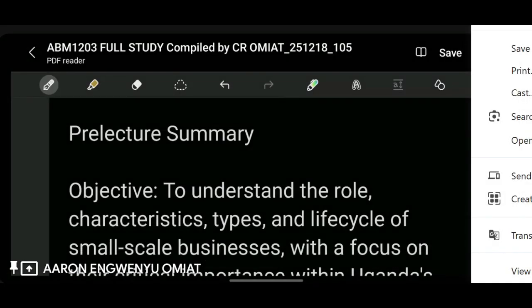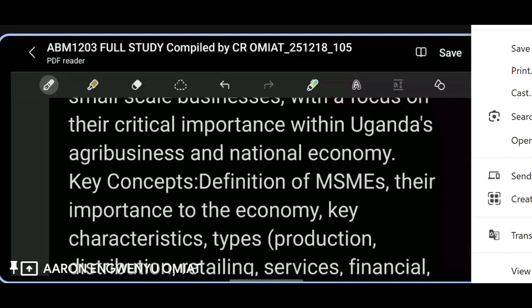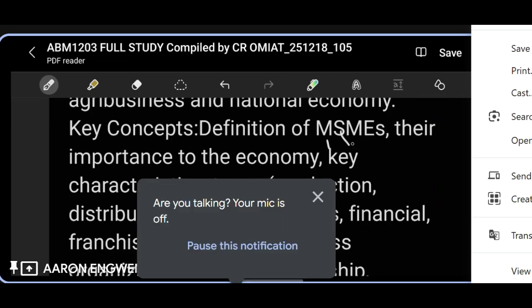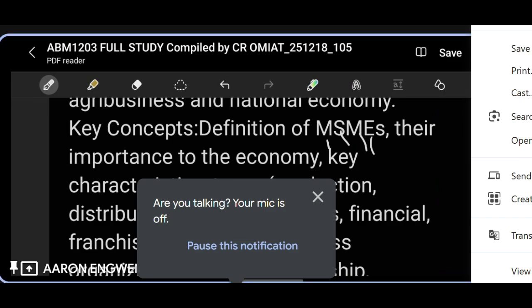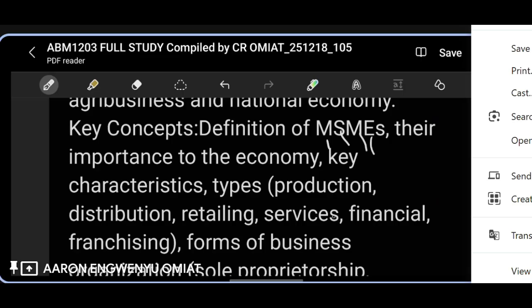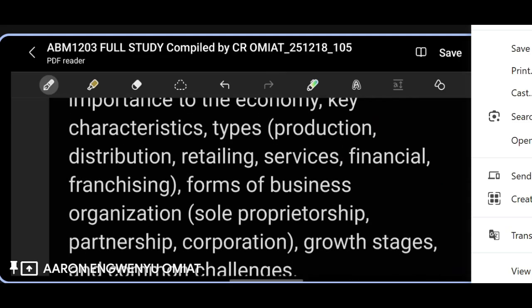So the definition: we are going to define what MSMEs are, which are micro, small, and medium enterprises. Then their importance to the economy, key characteristics, and types. We look at production, distribution, retailing, services, financial, then forms of business organization: entrepreneurship, cooperation, partnership, and growth stages.